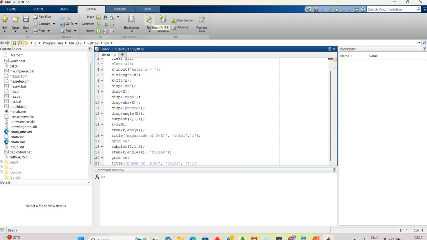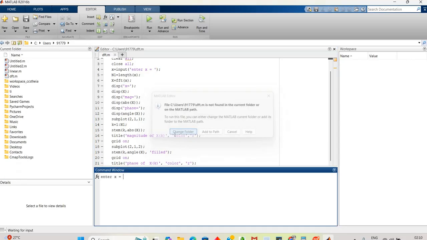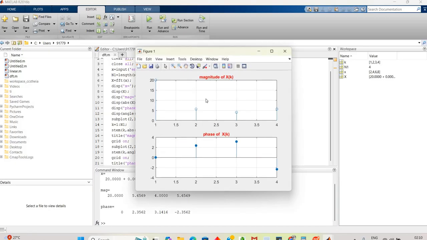Here you have the run icon, click on this. Click on change folder. Now you have to enter the sequence. Carefully see how I enter the sequence: opening square bracket, 2 space 4 space 6 space 8, and close the square bracket. Now enter.